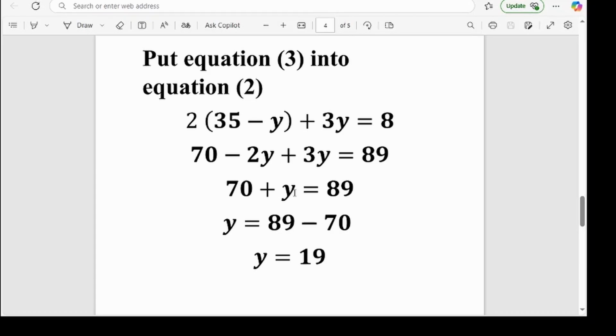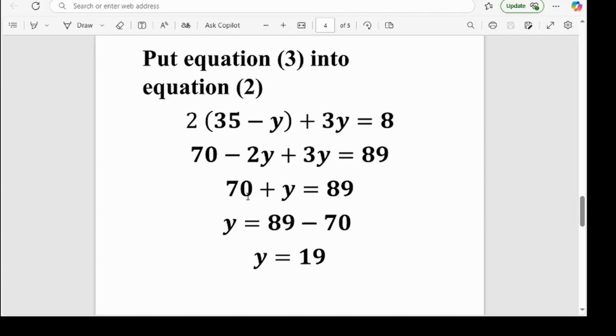So finding y, right, we must make y be the subject of this equation. For y to be the subject of the equation, it must stand on its own, or it must be an independent variable. So meaning that 70 must leave y.